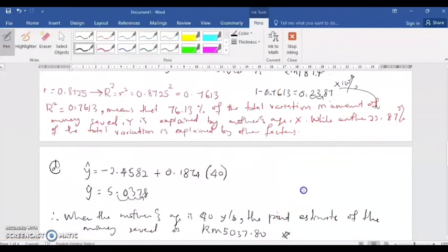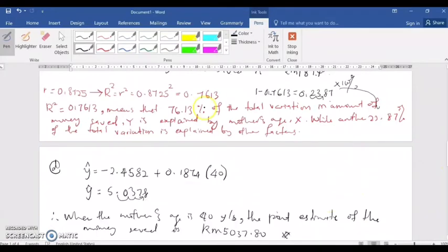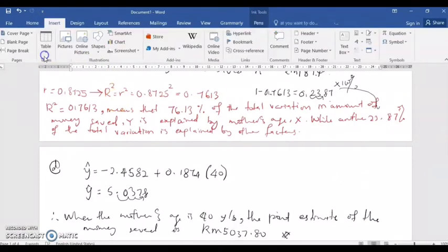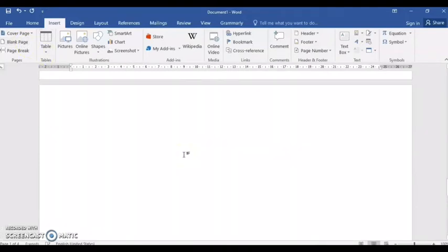Okay, so for the third example, let's add another blank page. Might be 2 blank pages. Right. So as usual, blank page.